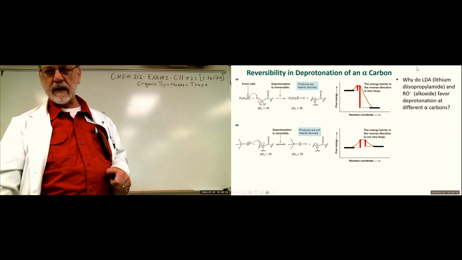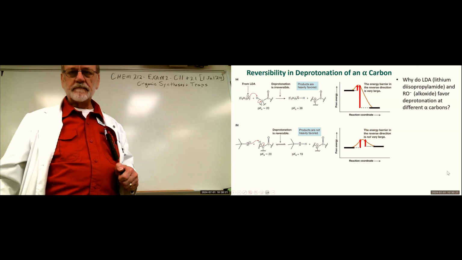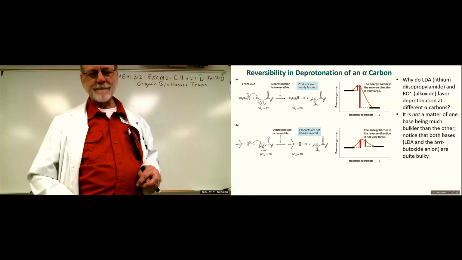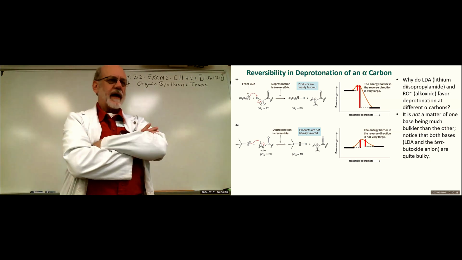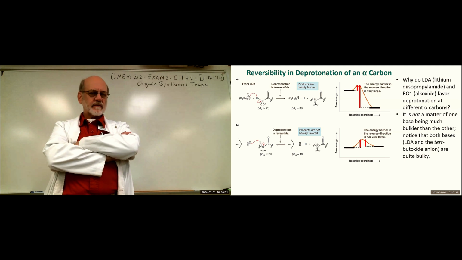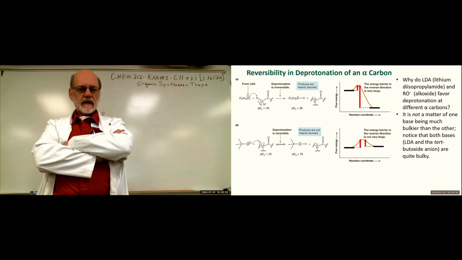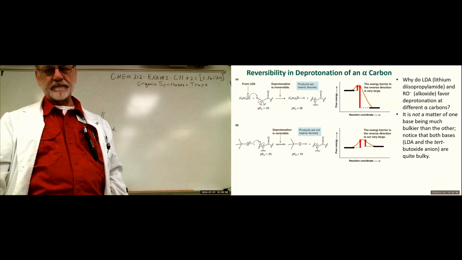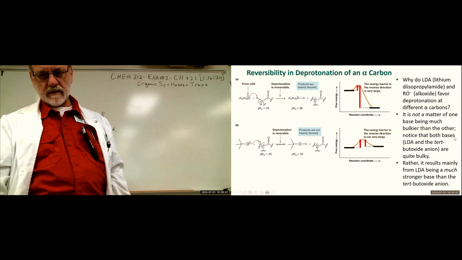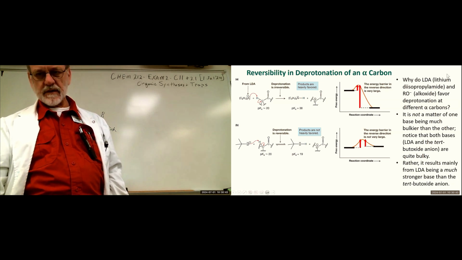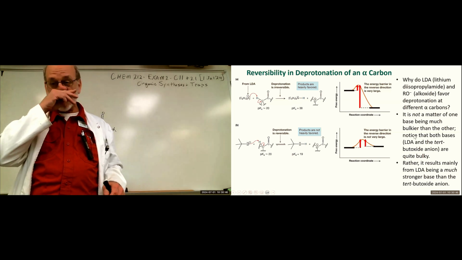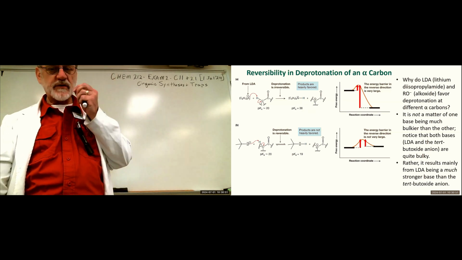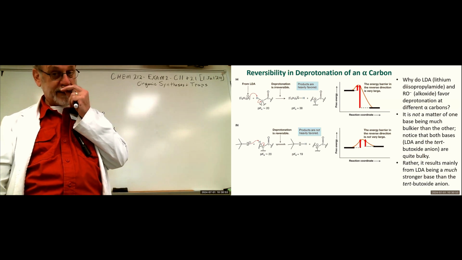Okay, and here are the talking points. All right, so I was on the wrong track. They're both bulky, one is about as bulky as the other. But the result is mainly from LDA being a much stronger base than tertiary butoxide anion.